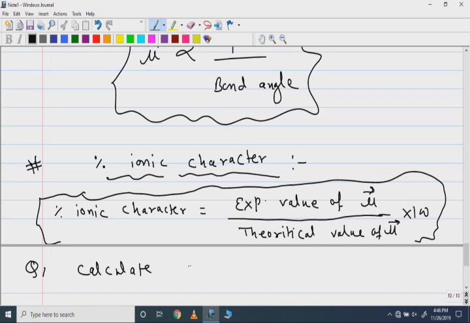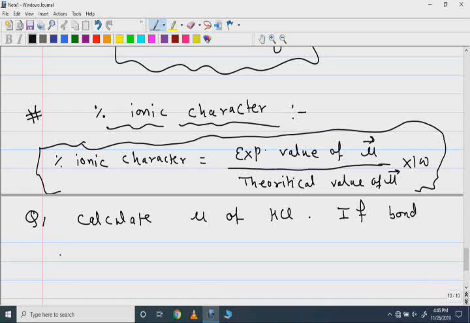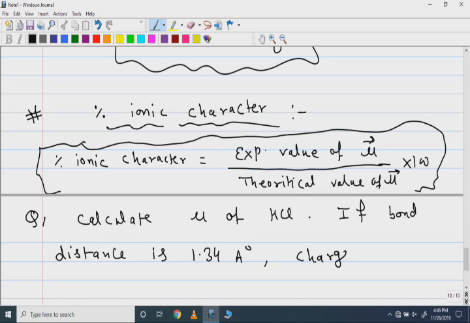Calculate mu of HCl if bond distance is 1.34 angstrom, charge 4.8 into 10 to the power minus 10 ESU.